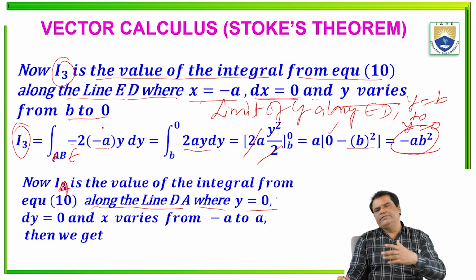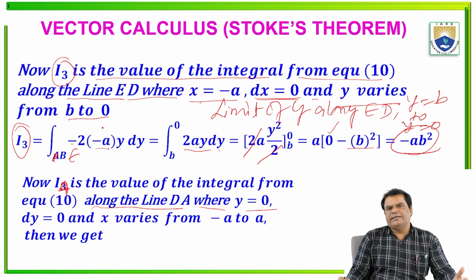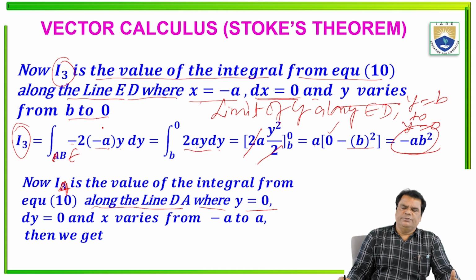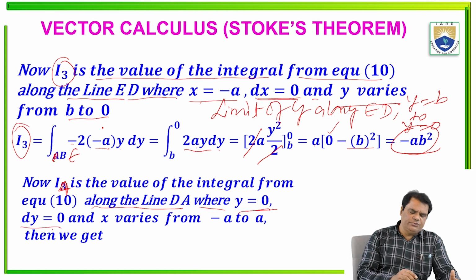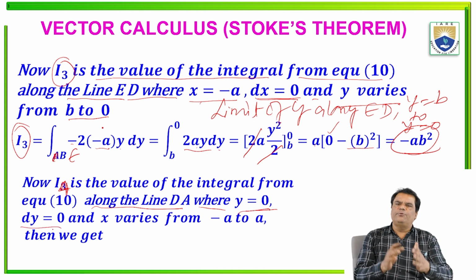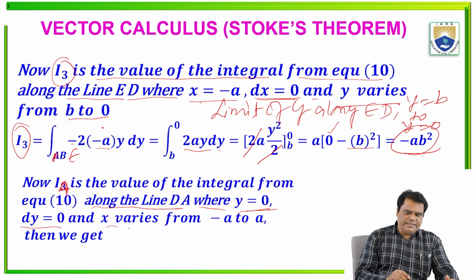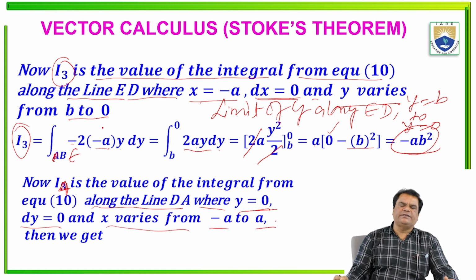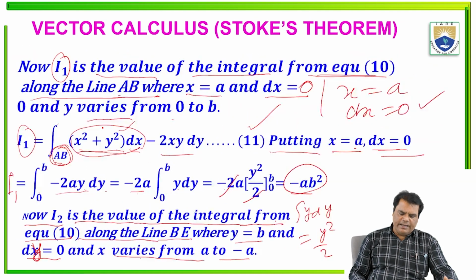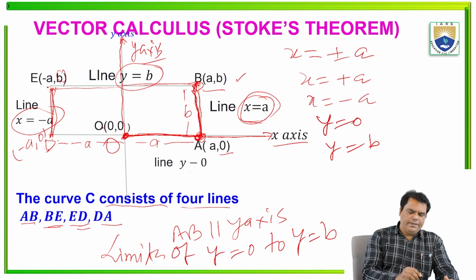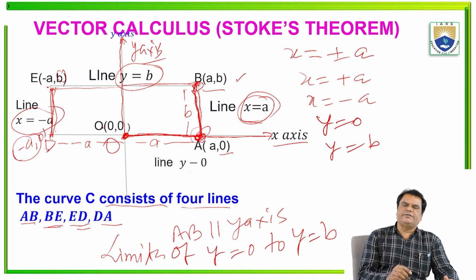DA lies along the x-axis, and on the x-axis y is always 0, so y is 0 means dy is 0. Putting both values in equation 10, y is 0 and dy is 0, and x varies from minus a to plus a. In our diagram, here is D and here is A, so here x is minus a and here x is plus a.